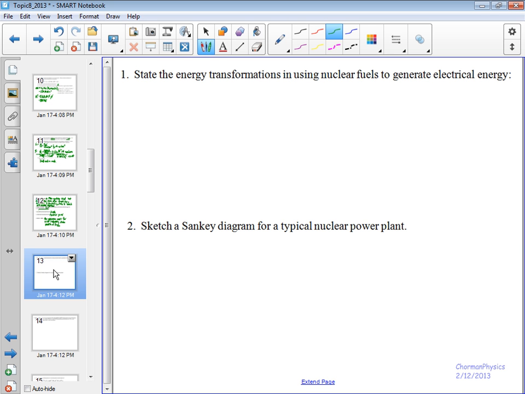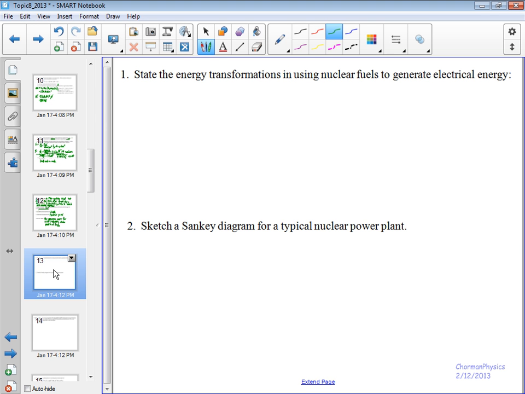And these fuel rods are also surrounded by control rods. So the control rods help to absorb excess neutrons to prevent the chain reaction from going too fast. So you can actually use the control rods like a gas pedal or brake, if you want to think of it like that, for the chain reaction.